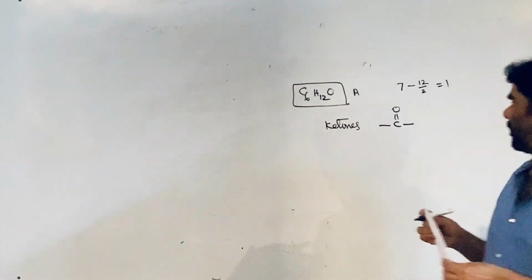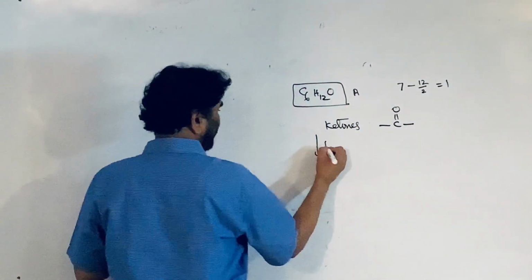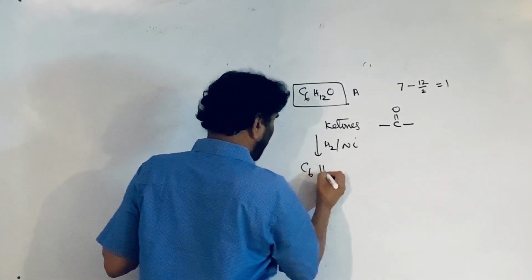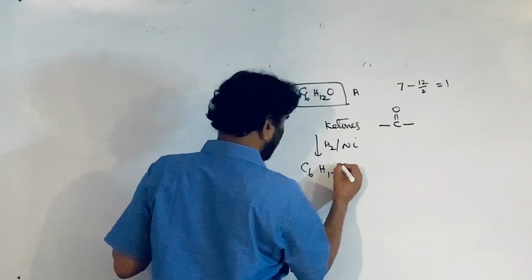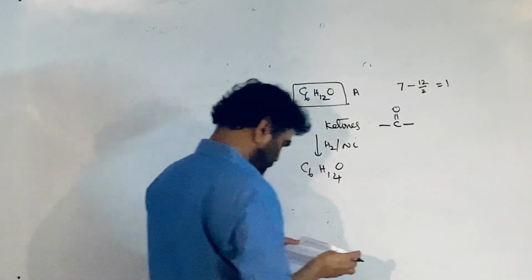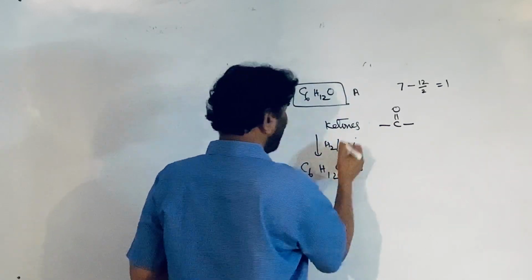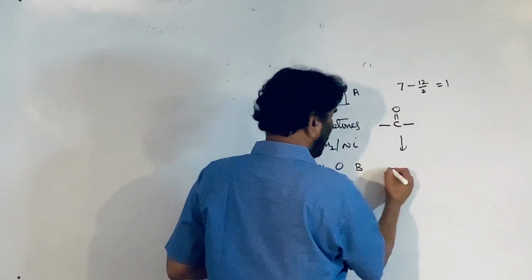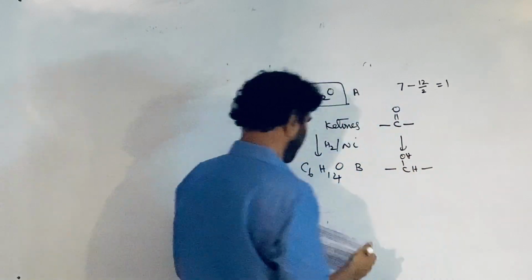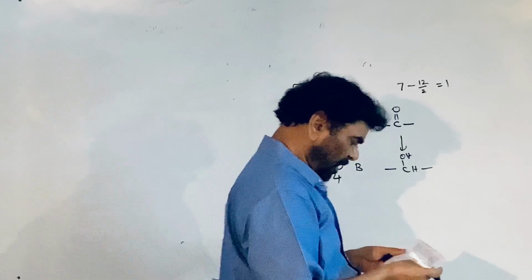On catalytic hydrogenation, treated with hydrogen in the presence of nickel, the resultant product is B. So a molecule of hydrogen is added through the pi bond, giving the alcohol OH.